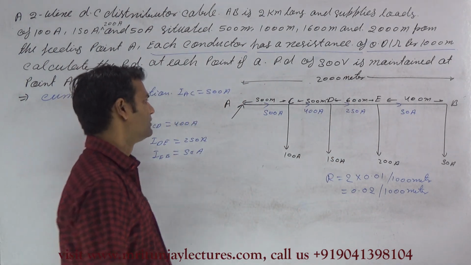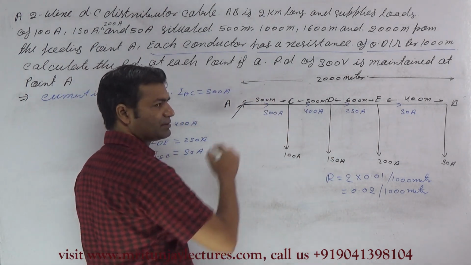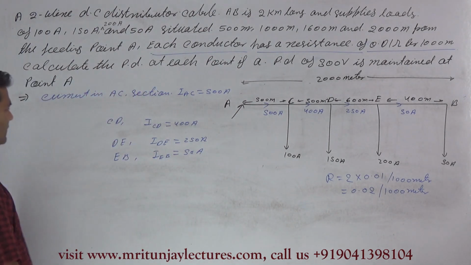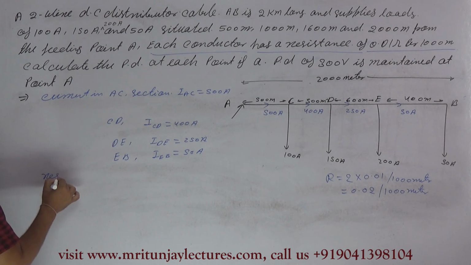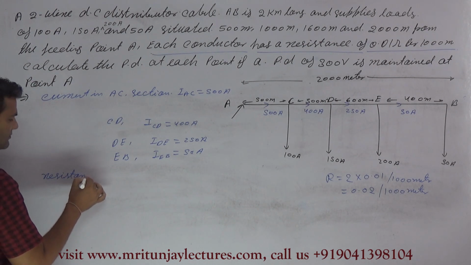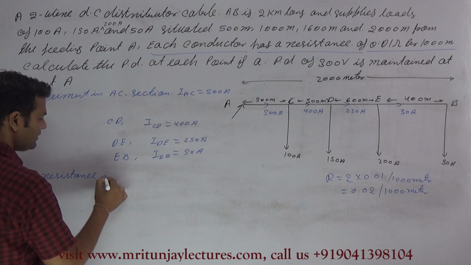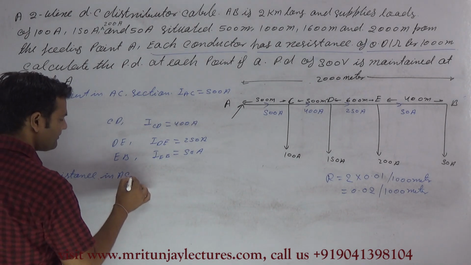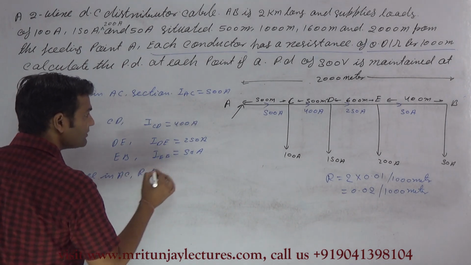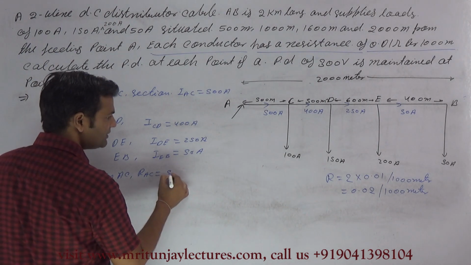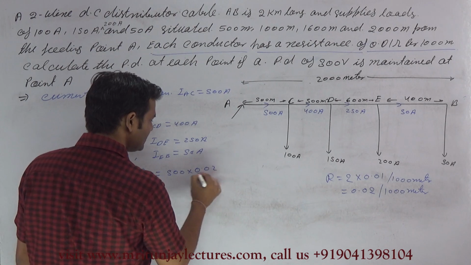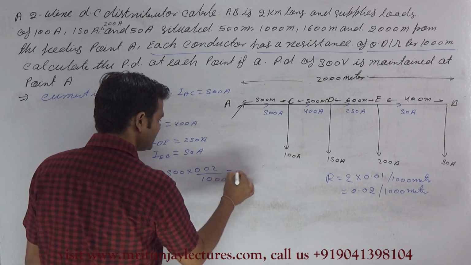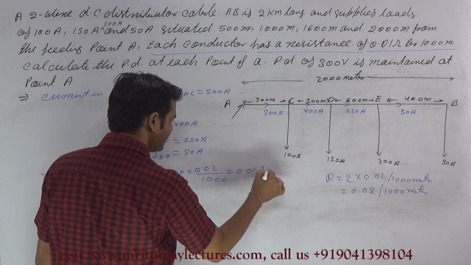Okay, now what about the resistance in each section? The resistance in the AC section, R of AC, is 500 meter into 0.02 divided by 1000, that is 0.01 ohm.